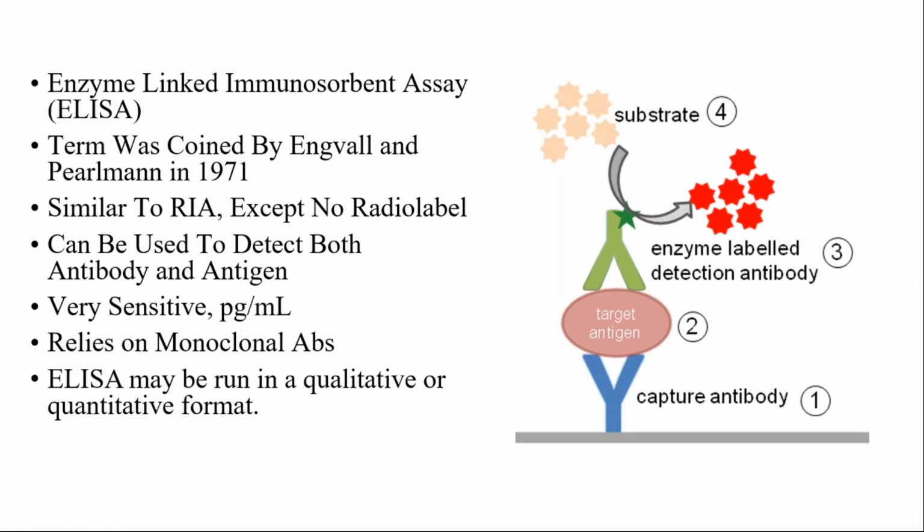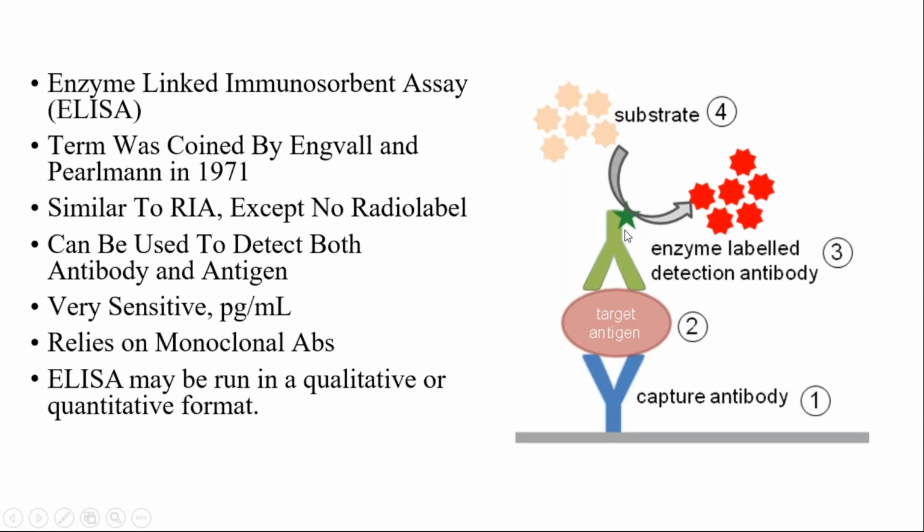So the premise behind ELISA-based testing is that you have an antibody against the analyte, so antibodies have to be made. Now, when the sample containing the analyte is introduced, the antigen binds to the antibody. The target antigen, you have a second antibody which is labeled with an enzyme, and that binds to the target protein.